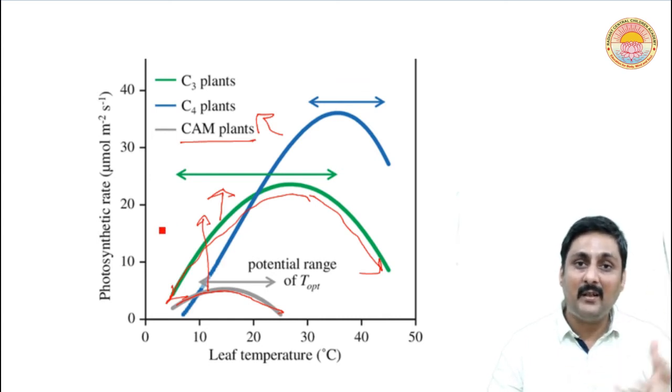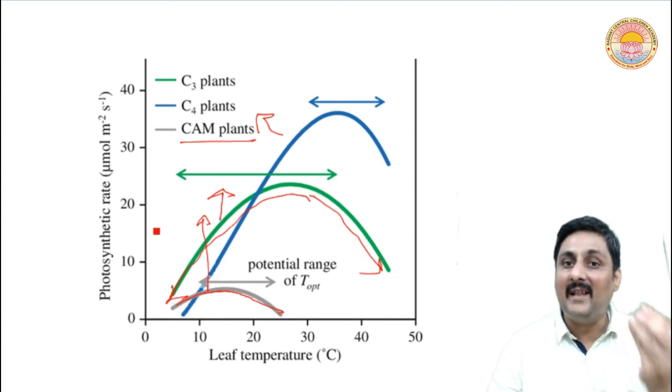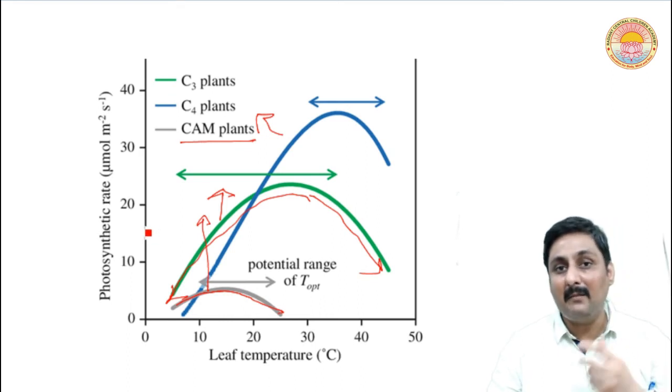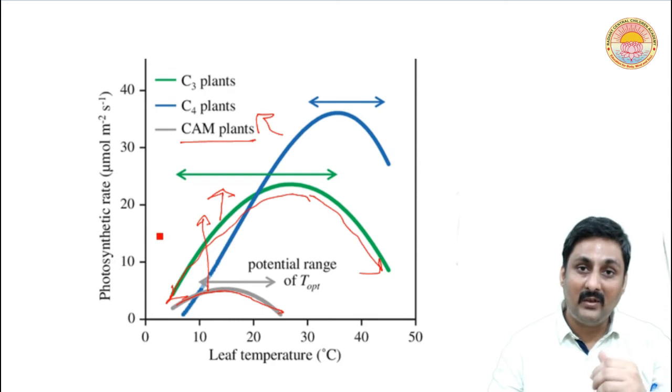Any change in the temperature can bring changes in the enzymes of the Calvin cycle, and they may become non-functional, and that is the reason why rate of photosynthesis in C4 plants can be increased. You can increase that even at higher temperature.